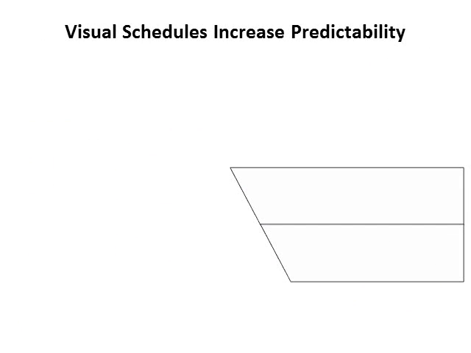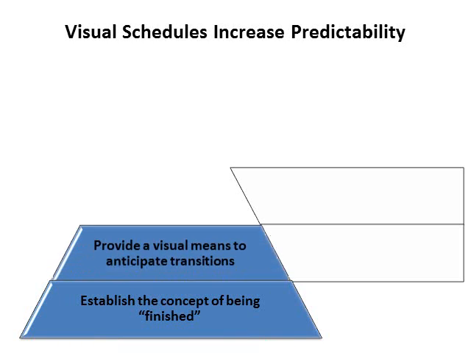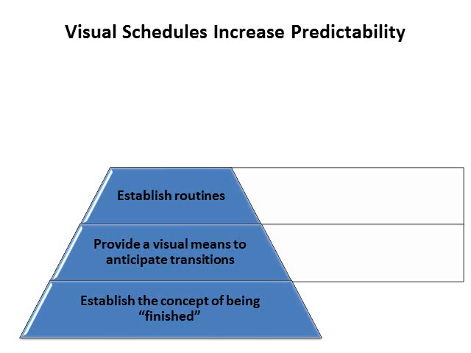So visual schedules help to increase predictability. That's very important, and the way that they do that is visually, again, taking advantage of that strong visual modality. A visual schedule can help to establish the concept of when an event or activity is going to be finished. A visual schedule can provide a visual means, again, of being able to anticipate when transitions are going to occur, thus increasing the predictability that I'm going to have to move from point A to point B. A visual schedule increases predictability by helping to establish routines, a sequence of events of what's going to happen.